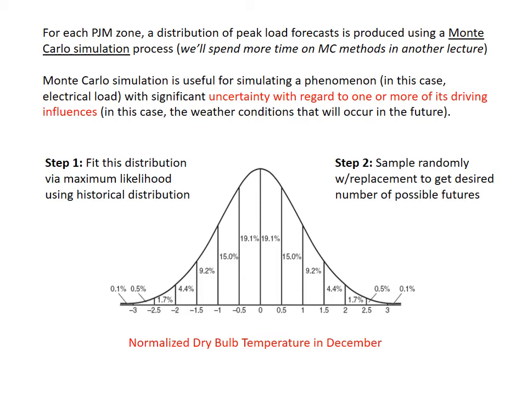In this case, pretty much everything we talked about in that regression is uncertain, but we're just going to leave it at weather, right? Because the reality is, yes, population growth and GDP are all uncertain. But the degree to which they can be uncertain on a year-to-year basis gives you much less of a swing in what peak demand is going to be.